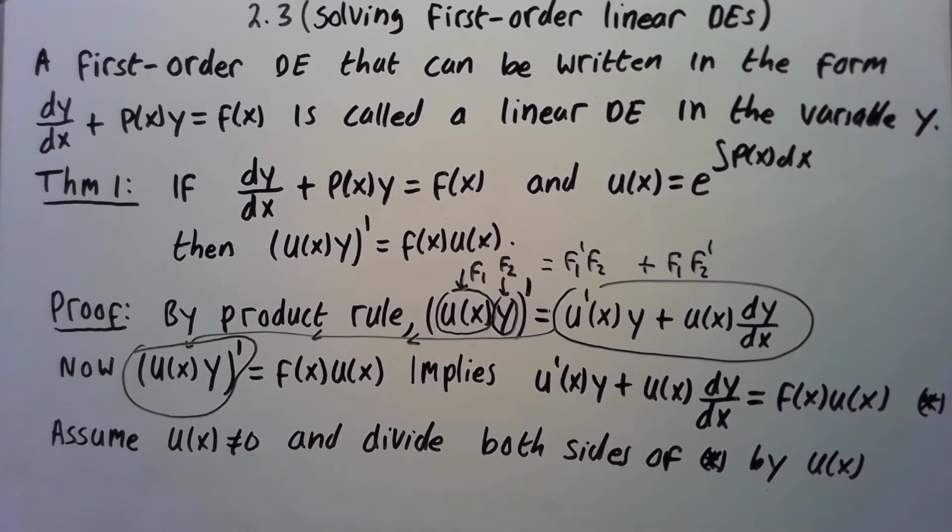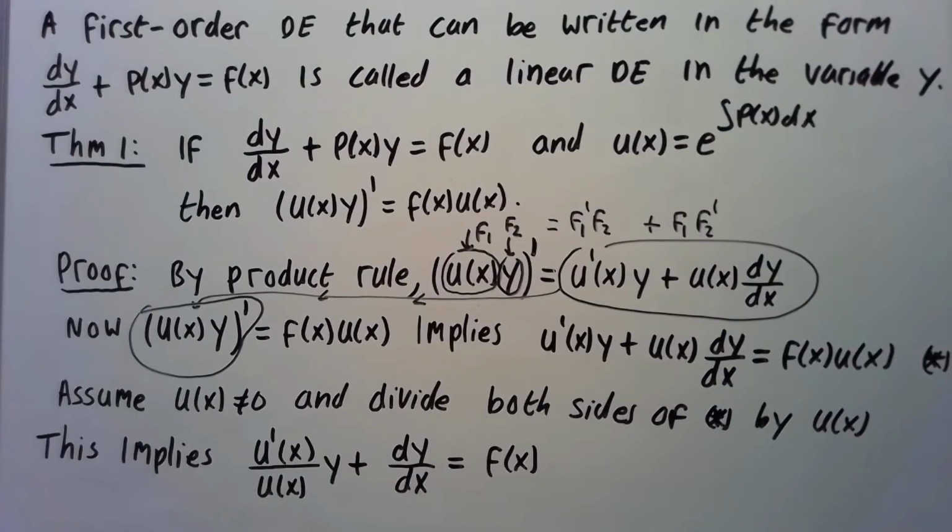So doing that, we get, okay, this implies then dividing everything by our u. It'll be u prime over u times y here, and u over u here, they cross off, so it'll just be dy/dx here, and u will cross off there and just become f of x here. And now we have this equation, and we have the original one up here.